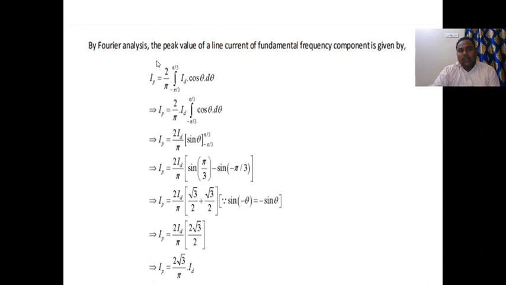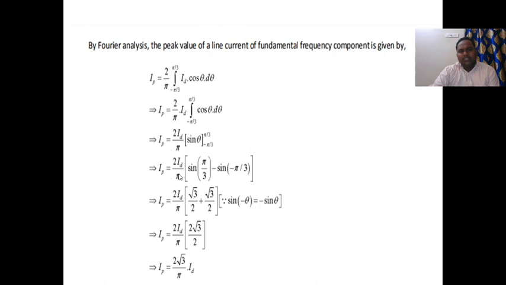By Fourier analysis, the peak value of the line current of the fundamental frequency component is given by Ip = (2/π) ∫ from −π/3 to π/3 of Id cos θ dθ. Solving this equation, Ip = (2Id/π) sin θ, with limits varying from −π/3 to π/3.